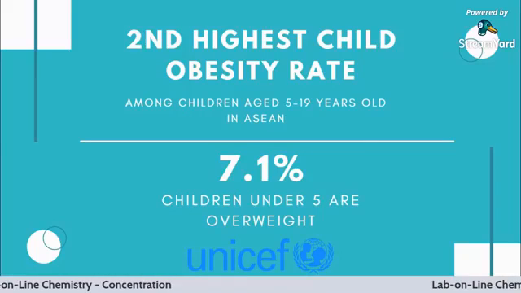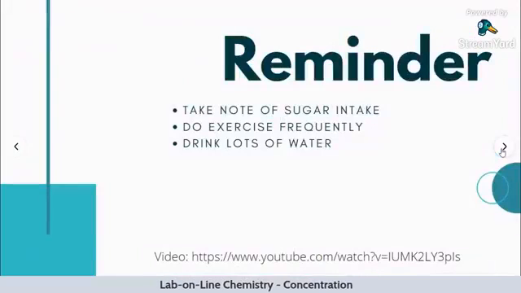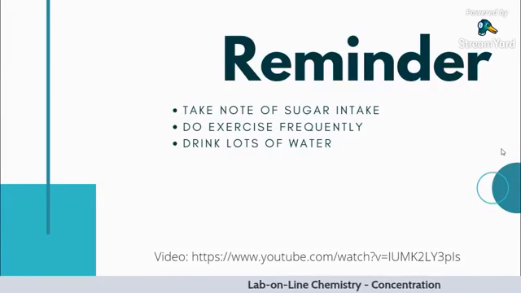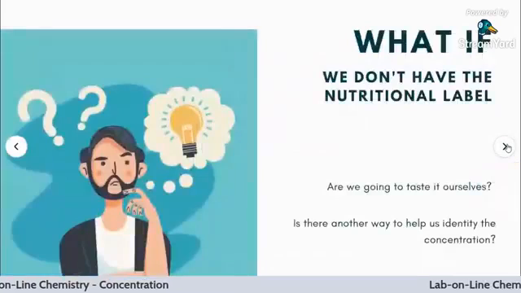If you don't care about sugar intake, this rate could get even higher. So as a reminder, take note of your daily sugar intake and keep yourself active by exercising and drinking more water. Phew, what a heavy topic we have until now. So let us come back to concentration.